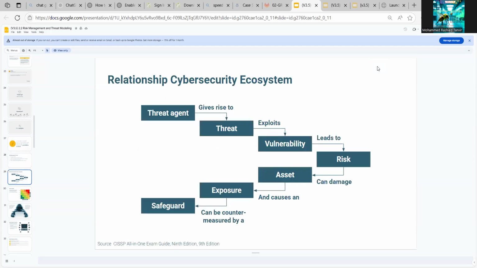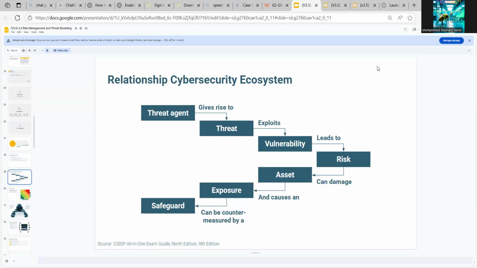And the relationship in the cybersecurity ecosystem, how they relate to each other. A threat agent gives rise to a threat, and a threat exploits a vulnerability. Vulnerability leads to risk, which can damage an asset, and the asset causing an exposure can be countermeasured by a safeguard.